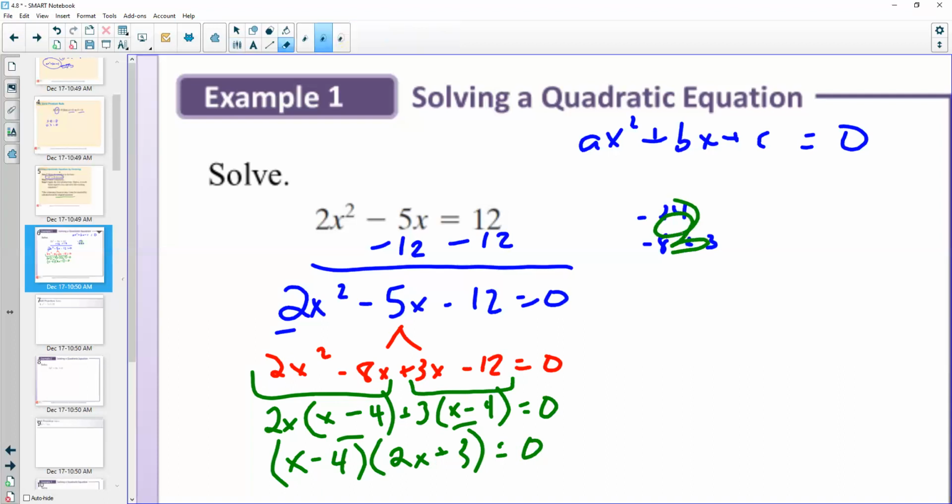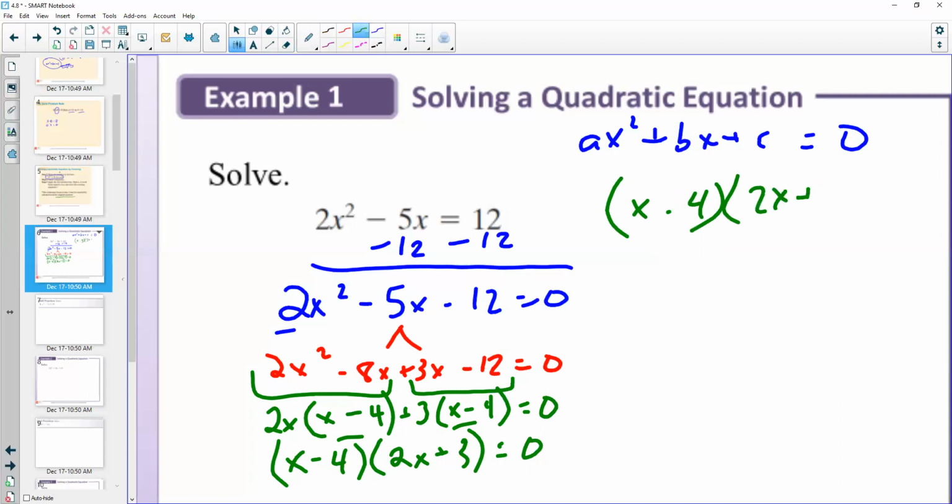So what the zero product rule allows me to do is to say I have x minus 4 times 2x plus 3 equals 0. Now I can say x minus 4 equals 0. I can separate them.